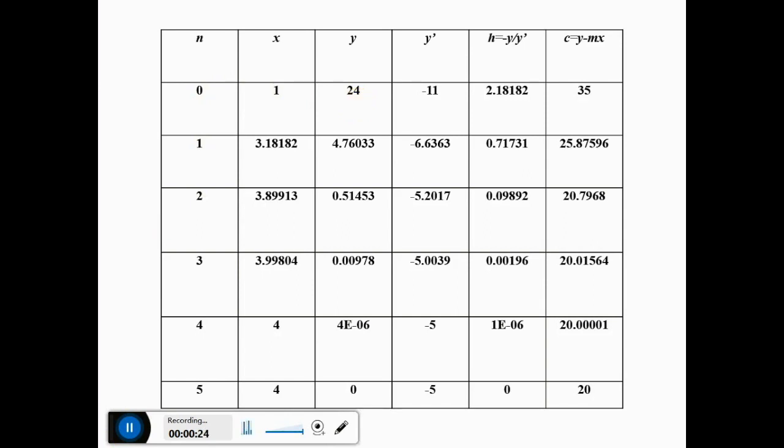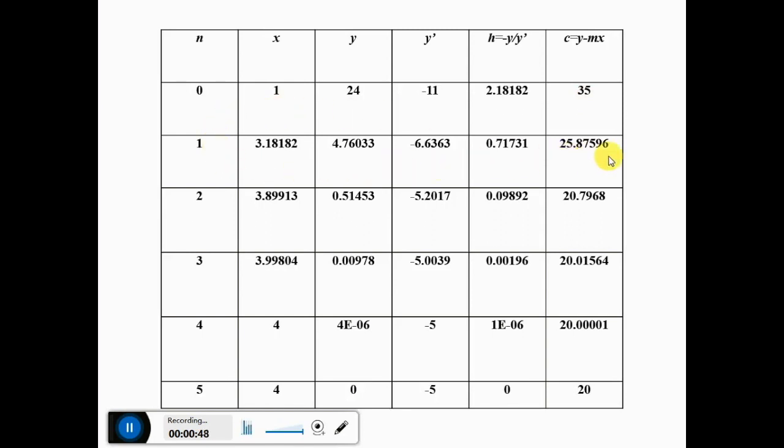The slope of the tangent line is minus 11, which is y dash, and h, the x plus h, which is equal to minus y upon y dash, is 2.1818, and c equal to y minus mx, which comes originally from y equal to mx plus c line, and that is 35, and so on.